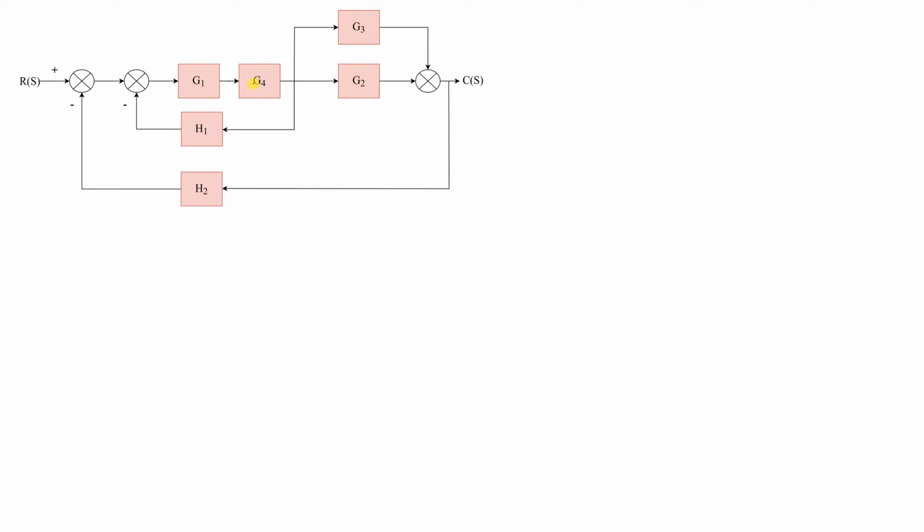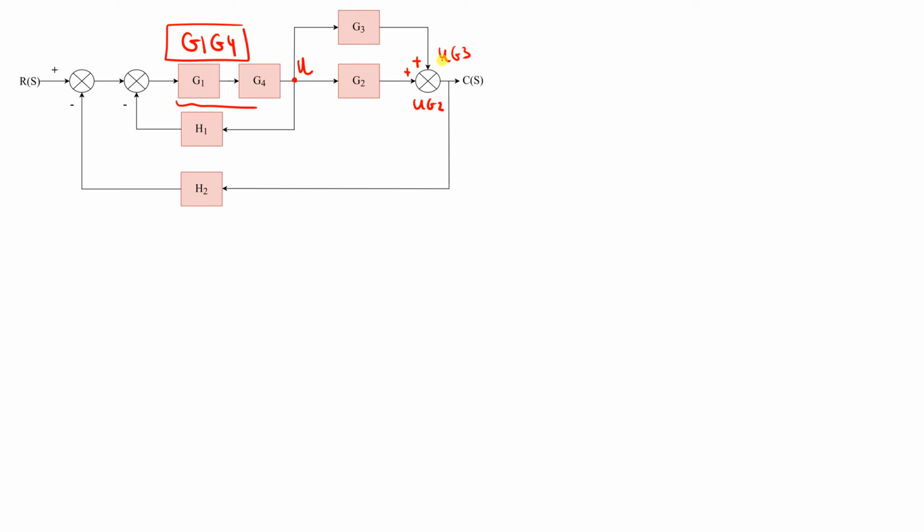G1 going to G4, it means that their equivalent is G1, G4, right? What about these two? You can see that we have here an input, let's say U, and this is addition. So U multiplied by G3, giving us U G3, and U multiplied by G2, so U G2.